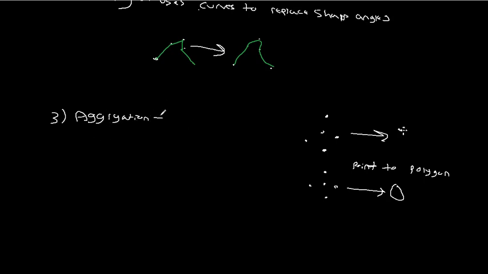Aggregation, to put a more specific definition on it, converts point locations to an aggregate area object.